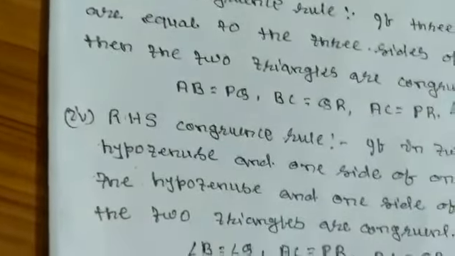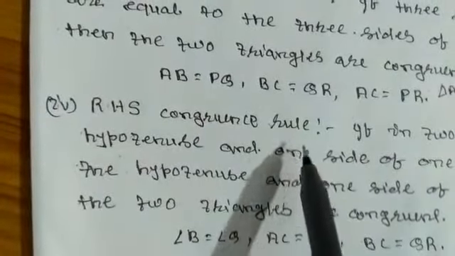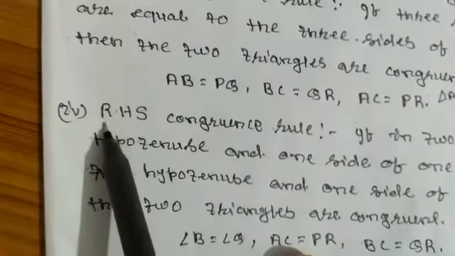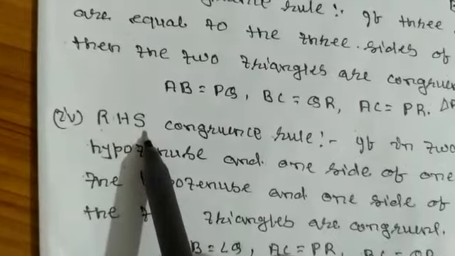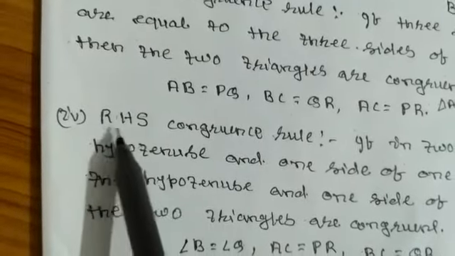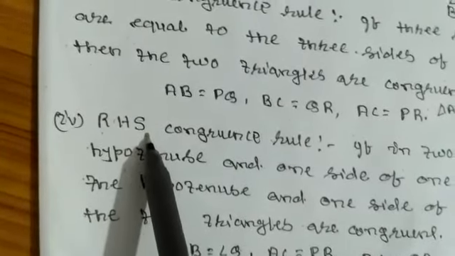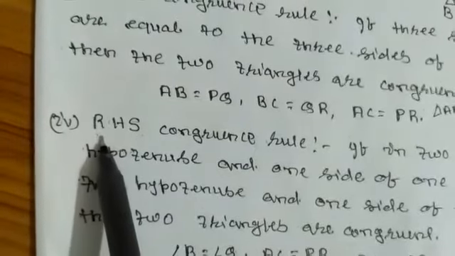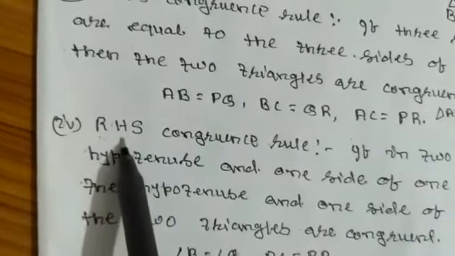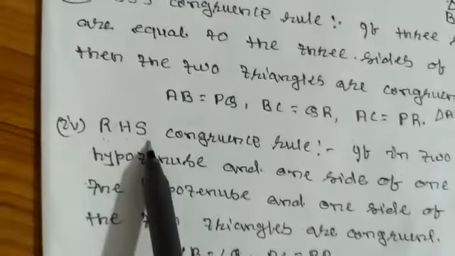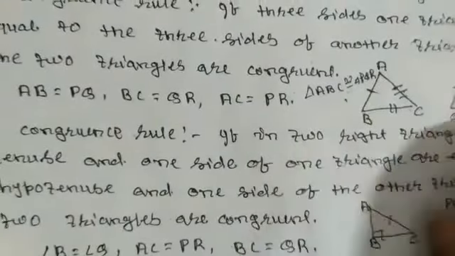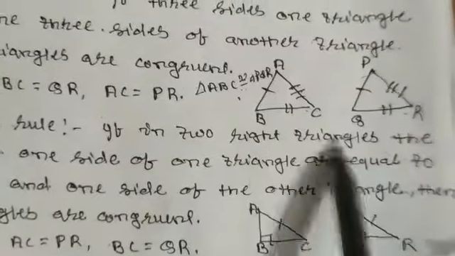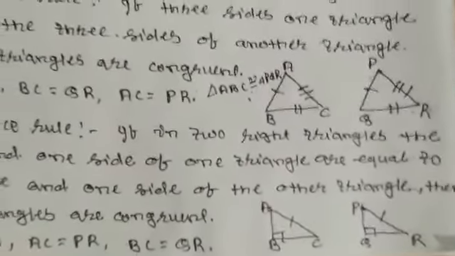Now the fourth condition is the RHS congruence rule. Here R is for right angle, H for hypotenuse, and S for side. Don't get confused that it is right hand side. I am again repeating: here R stands for right angle, H for hypotenuse, and S for side. RHS congruence rule: this is applicable only in right triangles.